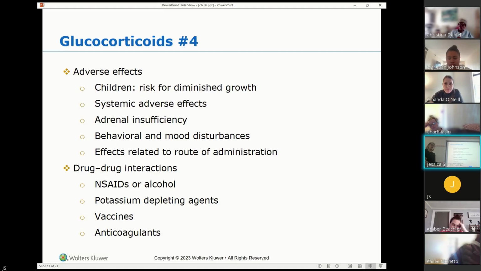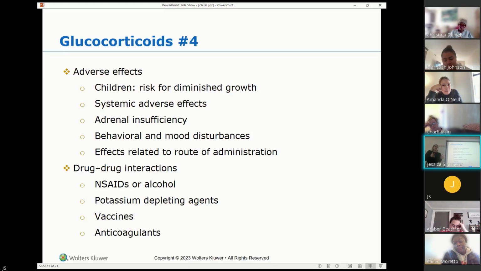You can't breathe. So would you rather have an open patent airway and breathing? Click the benefit outweighs the risk button. Would you rather have a patient that can't breathe or a patient that has a little immune suppression, right?